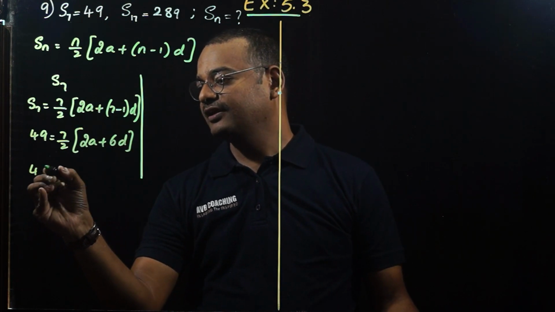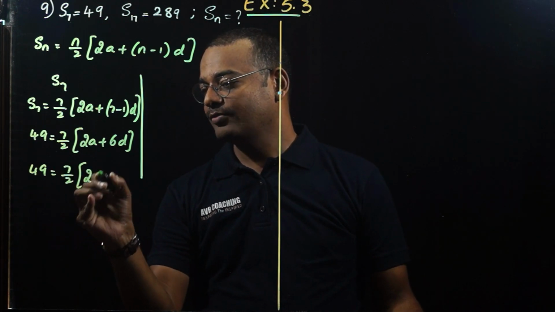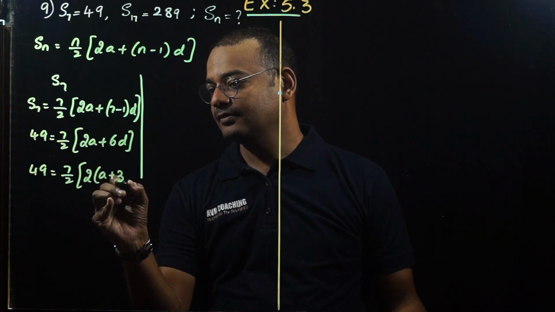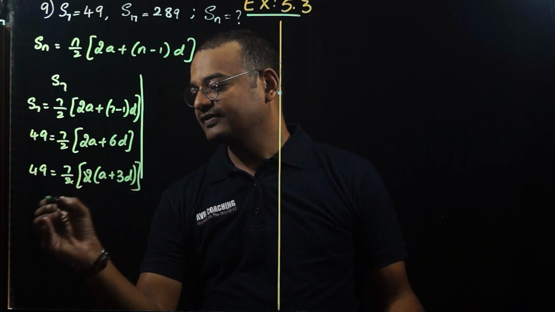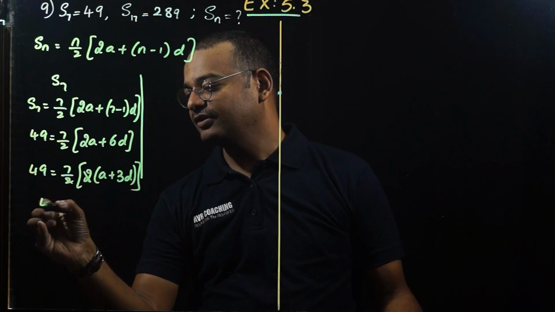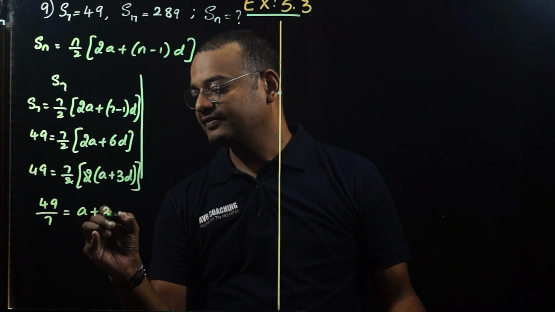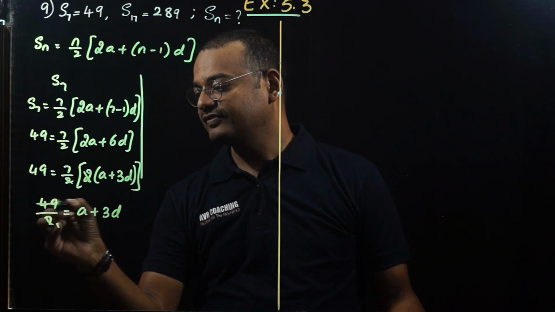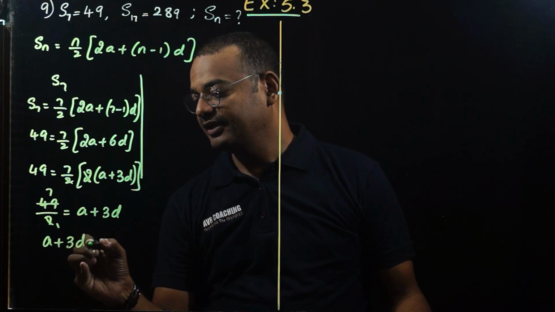Here we can take 2 common, so 49 is equal to 7 by 2 into 2 times a plus 3d. This 2 gets cancelled. Now 7 comes here: 49 by 7 is equal to a plus 3d. 7 sevens are 49. So we can write this as a plus 3d is equal to 7.